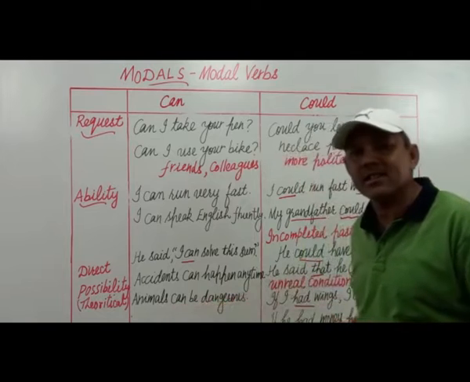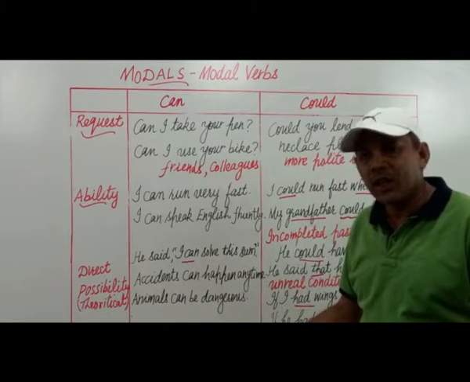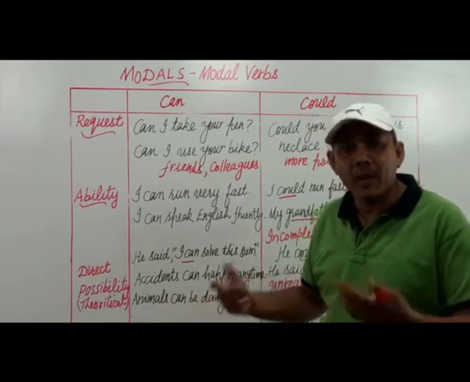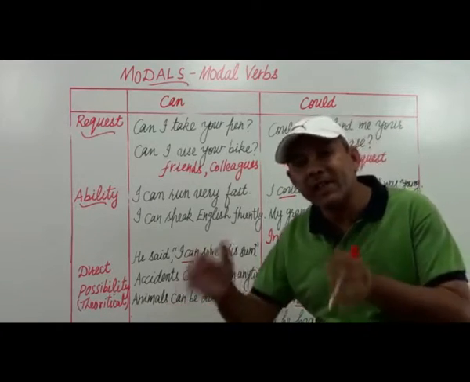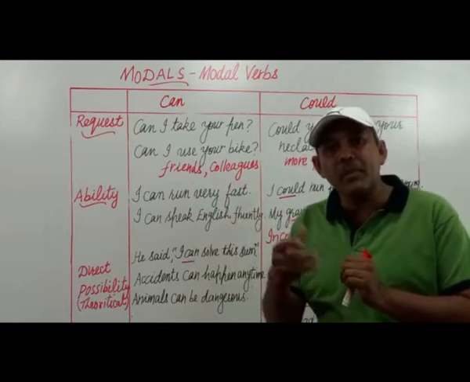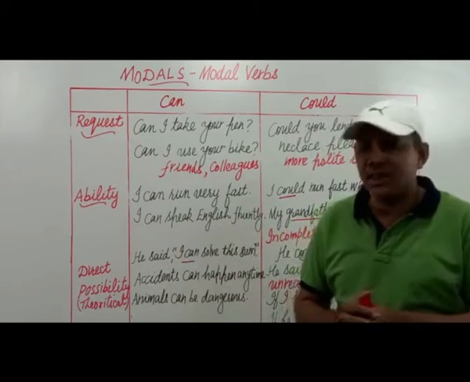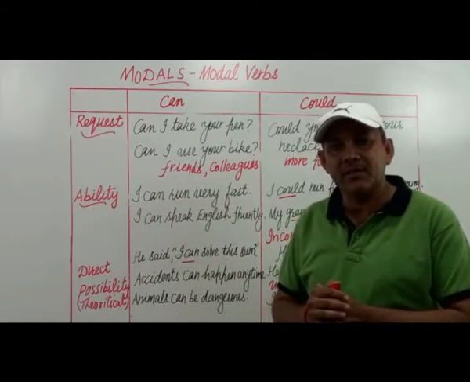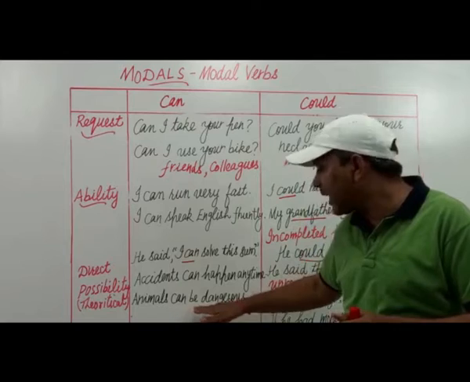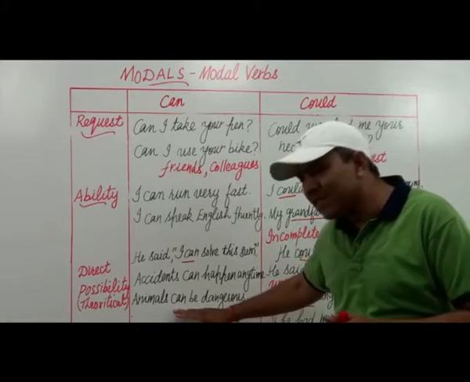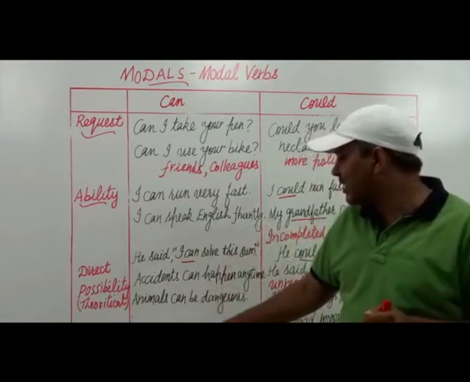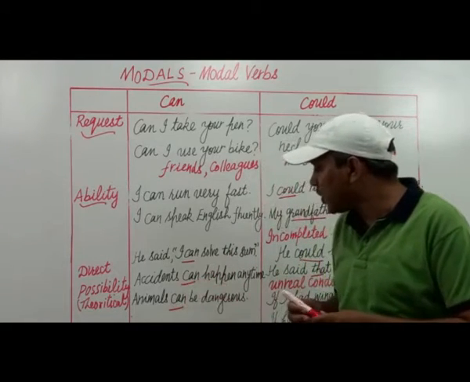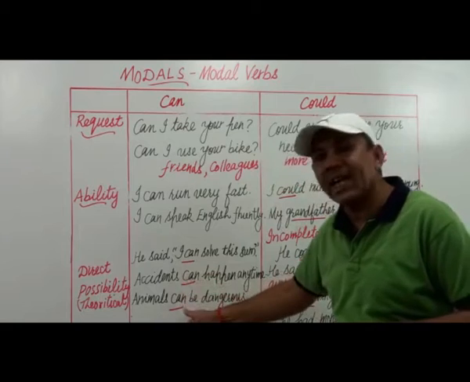एनिमल्स कैन बी डेंजरस, हो सकते हैं। कोई डॉग है हमारे पास, पेट एनिमल है, कैमल है, समटाइम्स दे कैन बी डेंजरस। वो कोई डॉग अपने ही मालिक को भी काट लेता है कई बार। कोई कैमल, कोई एनिमल अपने ही ओनर को नुकसान पहुंचा देता है। इन दिस वे वी कैन से एनिमल्स कैन बी डेंजरस। ये वाला सेंटेंस कई बार 10th और 12th के बोर्ड एग्जाम में पूछा गया है कि फिल इन द मॉडल वर्ब। In case of theoretical possibility, we use can.